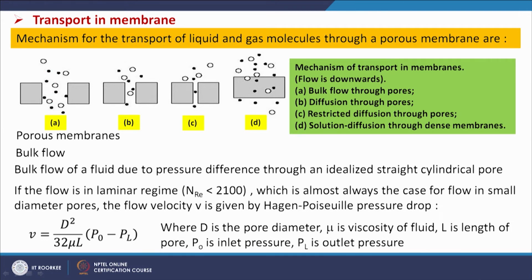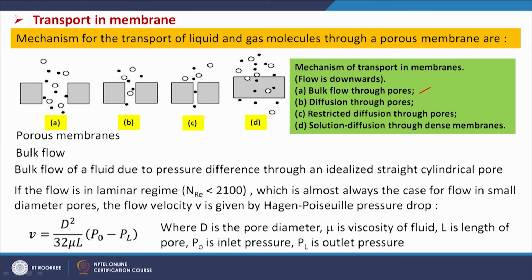A is bulk flow through pores. In that case we are not getting efficient separation of the pollutants from the water. B is diffusion through pores. C is restricted diffusion, and here some other type of mechanism is possible, that is solution diffusion through dense membranes.